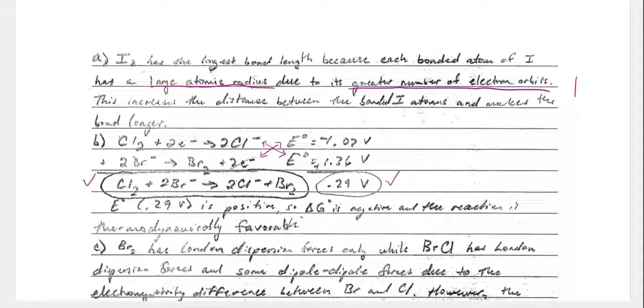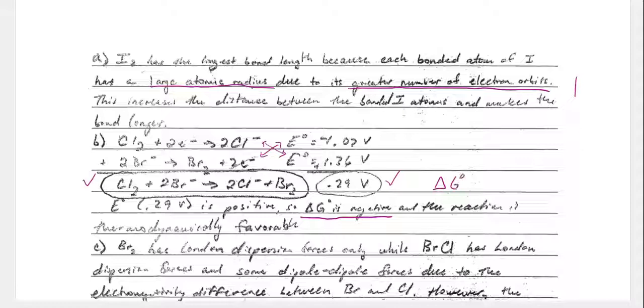Now, you don't have to mention delta G is negative. You don't even necessarily have to write the sentence at all, but even if you do, you don't have to mention delta G is negative, because E being positive is just enough to prove that the reaction is thermodynamically favorable. But they are right. When E is positive, delta G is going to be negative according to this equation.